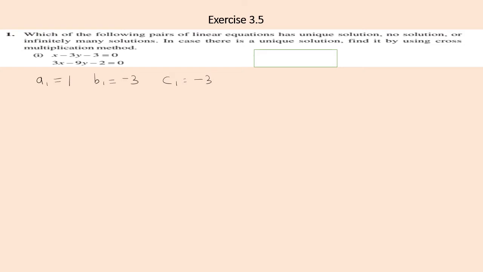Now from the second equation, a2 equal to 3, b2 equal to minus 9 and c2 equal to minus 2.